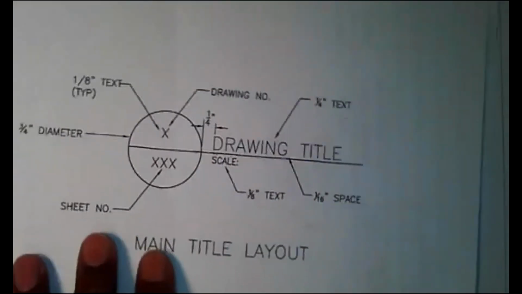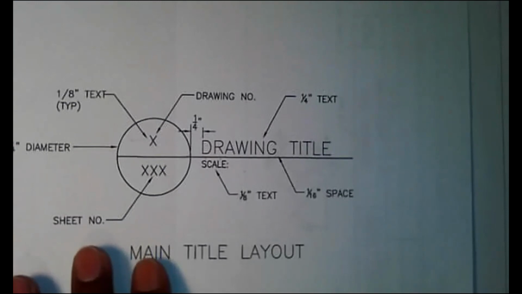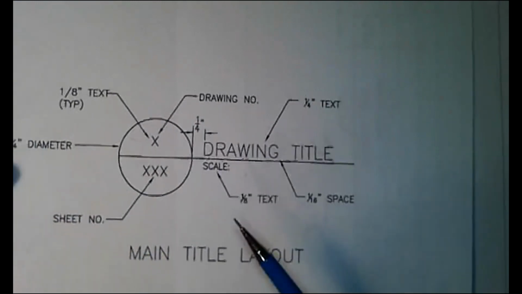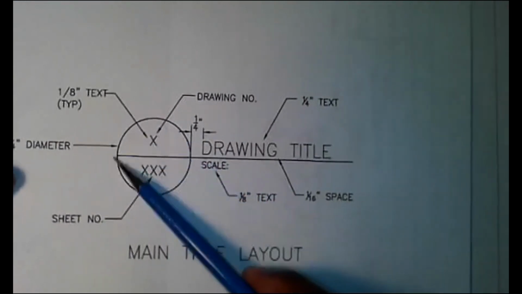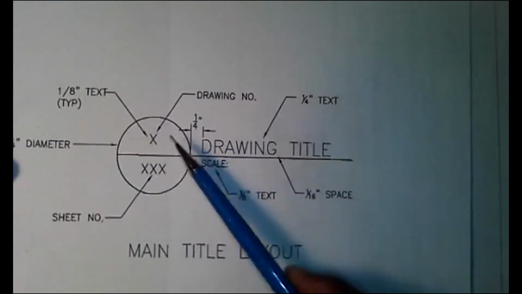Xavier? Make sure that your main titles, that the circles are 3/4 of an inch. You're using your circle template, right? Yeah, I have a circle template. Okay, but here's what I'm saying.